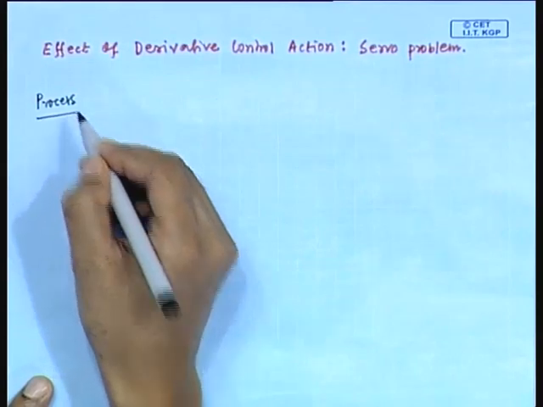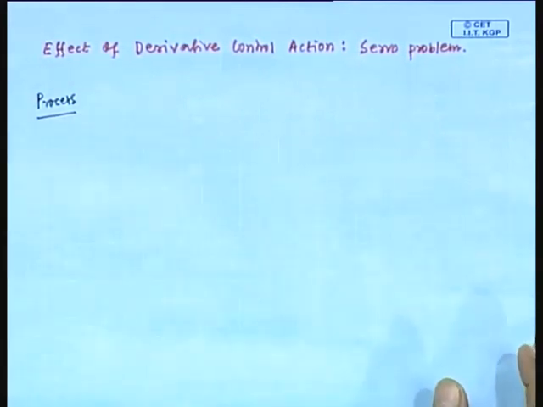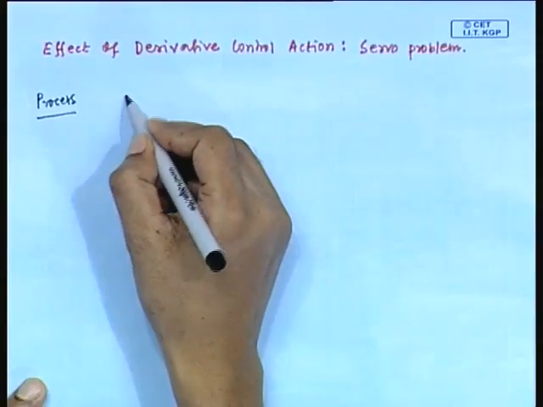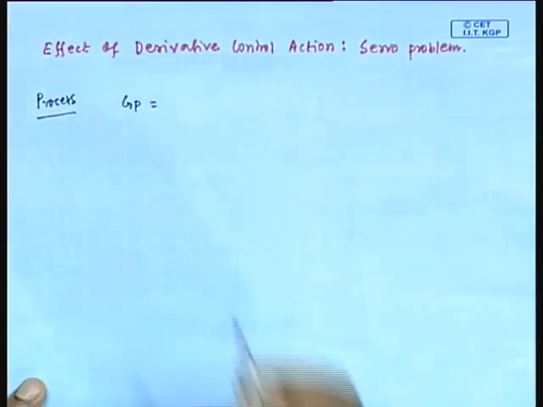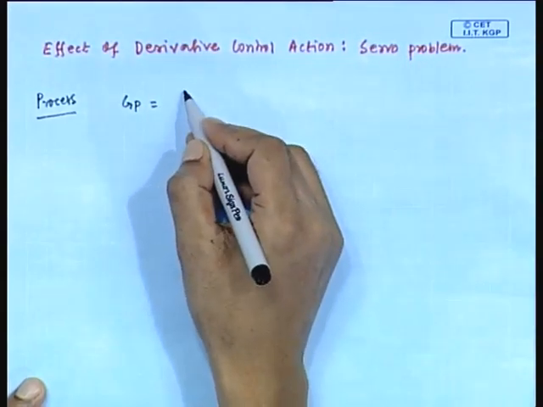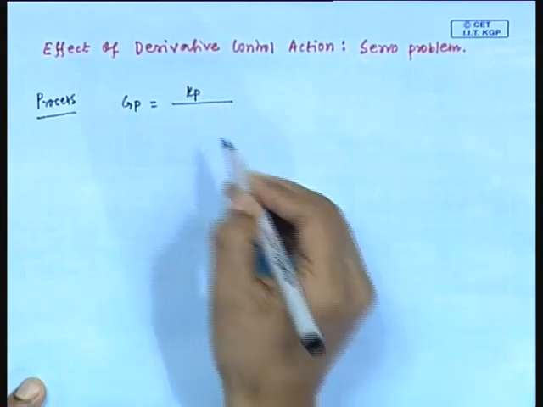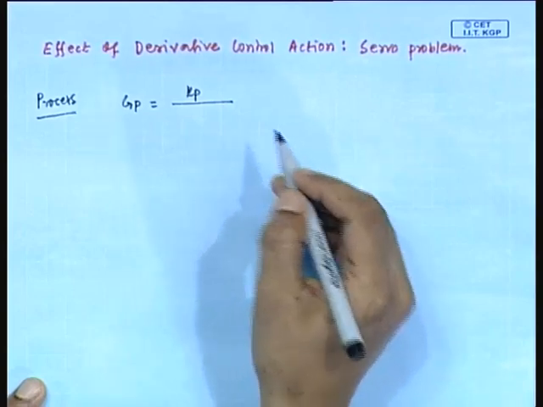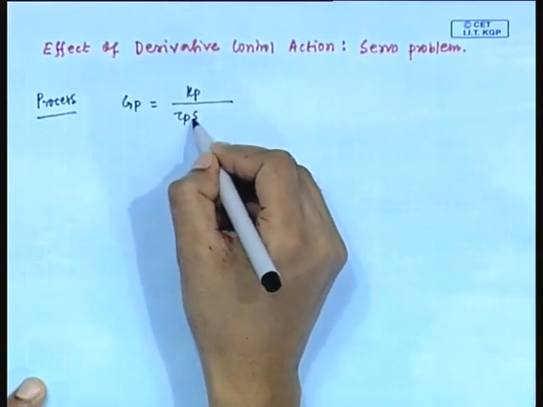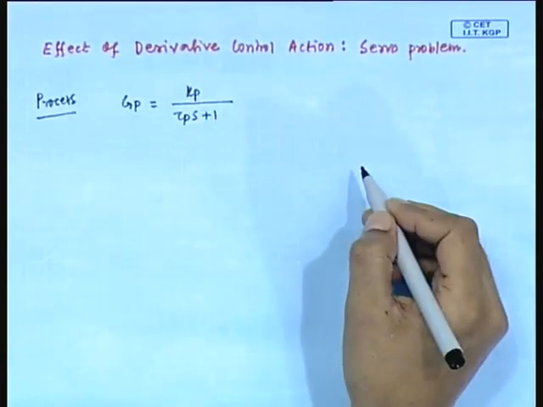So, in a closed loop block diagram, the important element is the process. The transfer function of a first order process can be written as Gp equals Kp divided by tau p s plus 1.